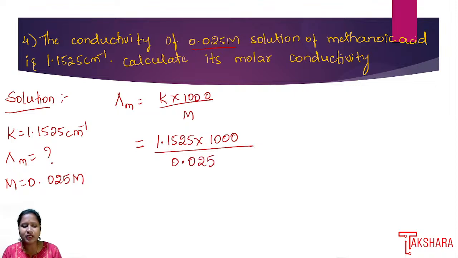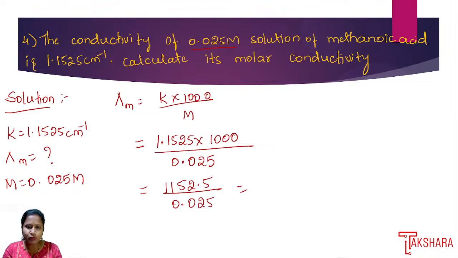Calculating, 1.1525 into 1000 is nothing but 1152.5, divided by 0.025. 1152.5 divided by 0.025 is nothing but 46,100.